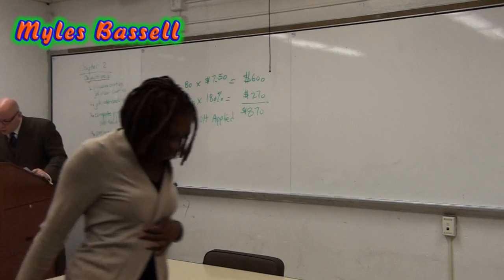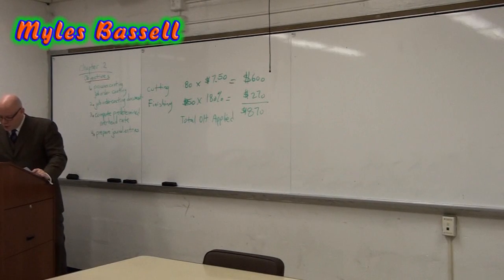You see that in the middle of page 115? Yes, I see. Right, so they tell us what the allocation base is. So they want to make sure that we're using the right numbers. For cutting, they tell us the allocation base is machine hours. For the finishing department, they tell us that the allocation base is direct labor.